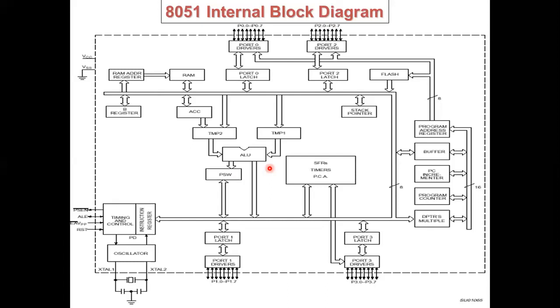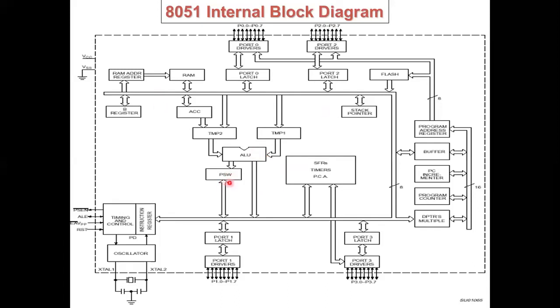That is the carry flag, zero flag, auxiliary carry, parity flag, like that. It is to show the status of the ALU process. So this is the ALU unit. It performs 8-bit operations, 8-bit addition and logical operations.